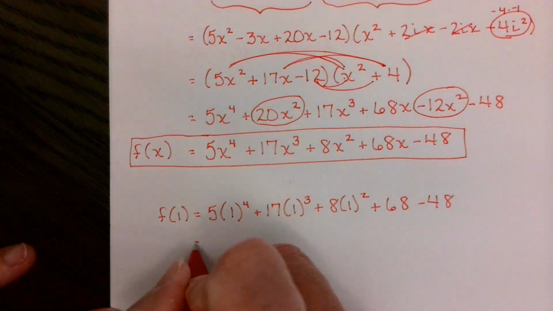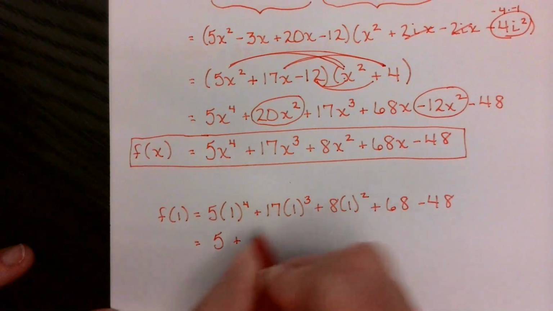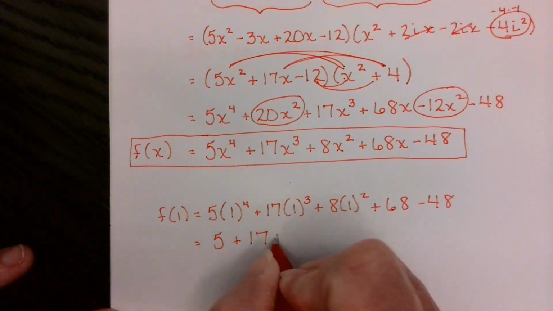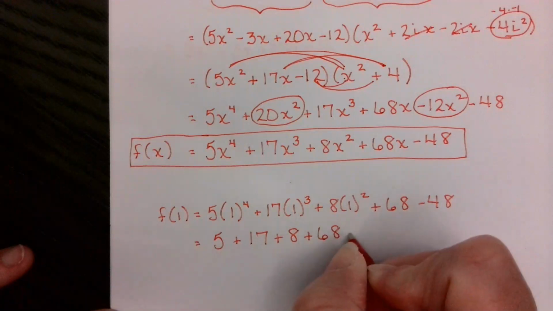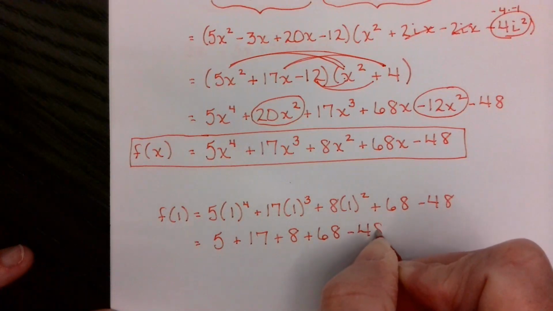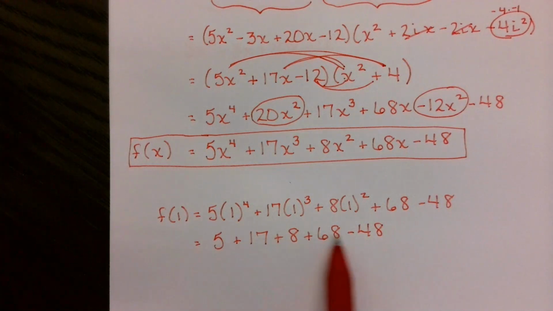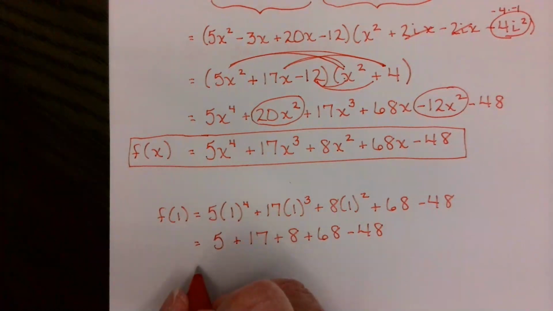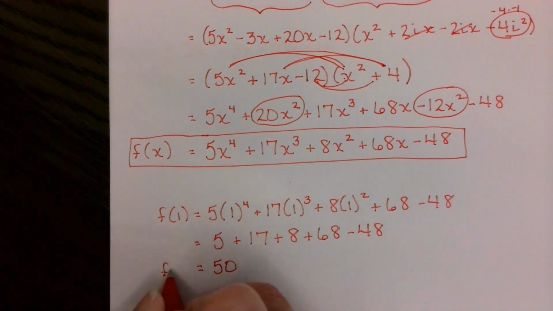Which in reality, we're just going to get 5 plus 17 plus 8 plus 68 minus 48. And when you do this, this is going to give us 98 minus 48 will give us 50, and that is what we were checking for.